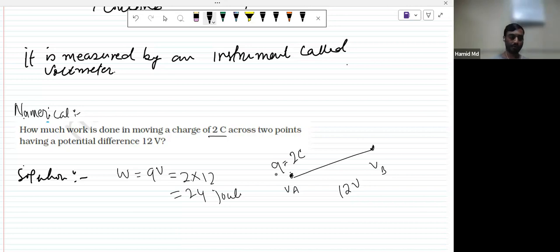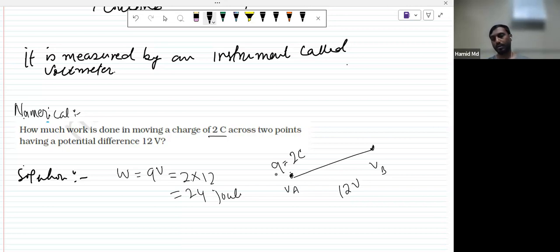Electric potential is the work done to move a charge.